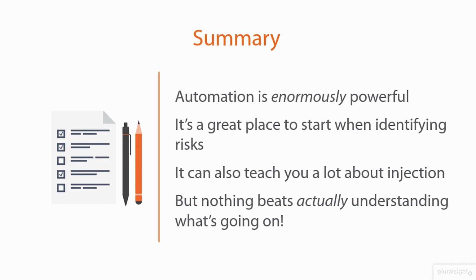But by this point in the course, you actually understand those underlying mechanics of how the SQL injection attacks work. You know how to identify sites that are at risk, and you know what patterns are required to mitigate those risks. So this is a great way to end the course, with you not only being able to automate your workflow and work much more efficiently, but to also understand what it's actually doing.